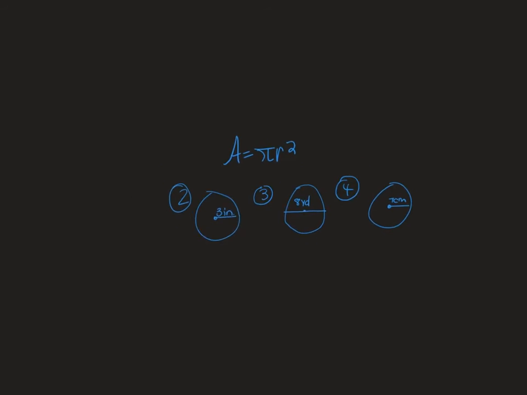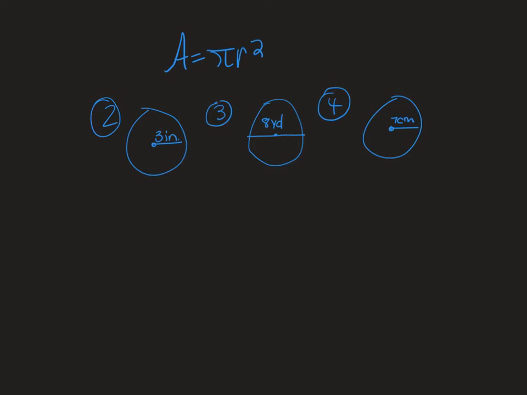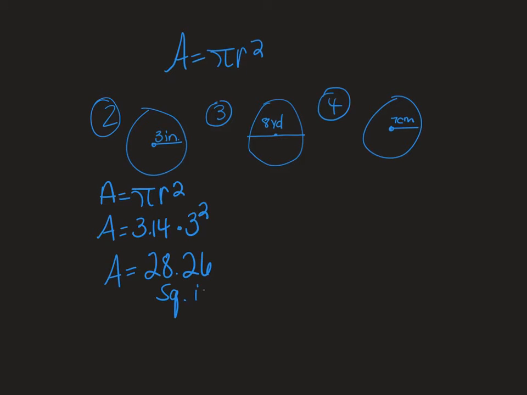Now, the case is you won't always be given the radius. Sometimes you're given the diameter, and when you are given the diameter, you have to take half of that diameter. All right, but here, let's go ahead. Area equals pi times radius squared. Area equals 3.14 times the radius, 3 squared. Your final answer should be 28.26 square inches.